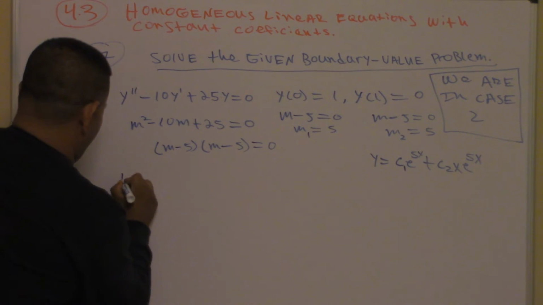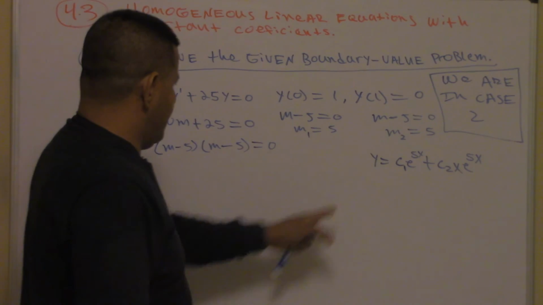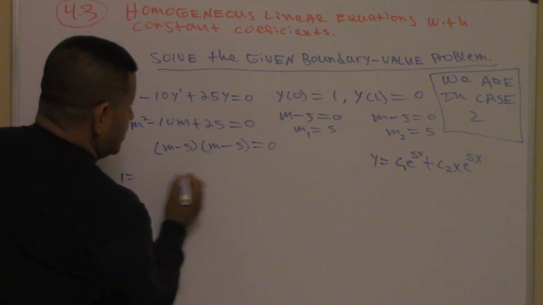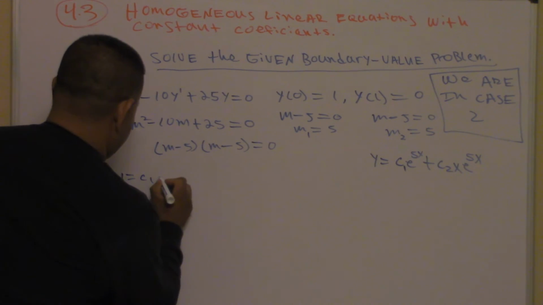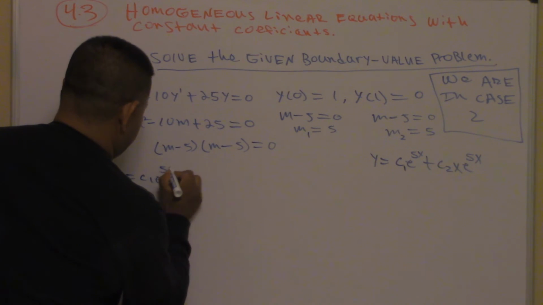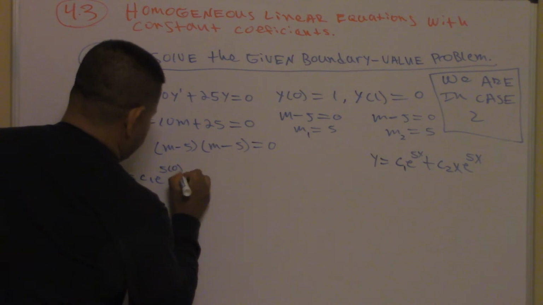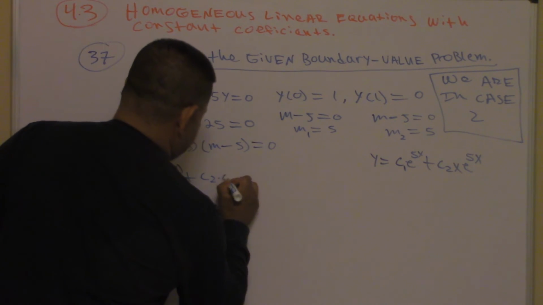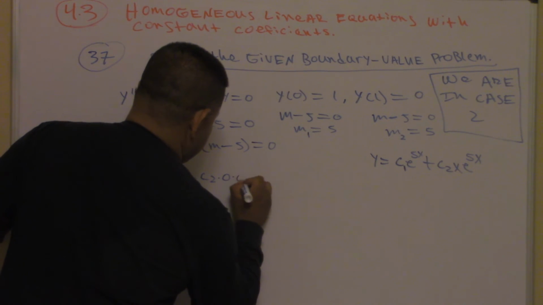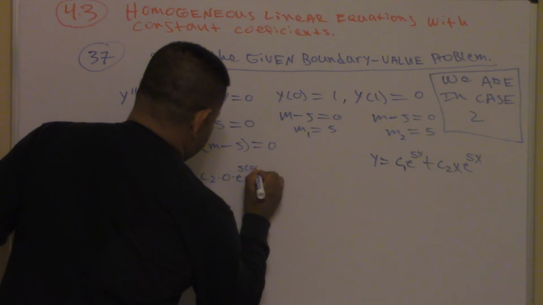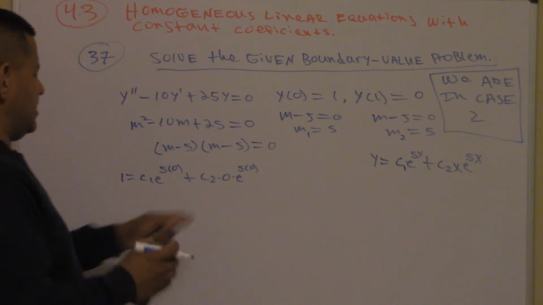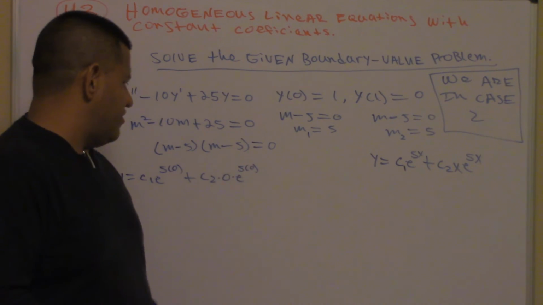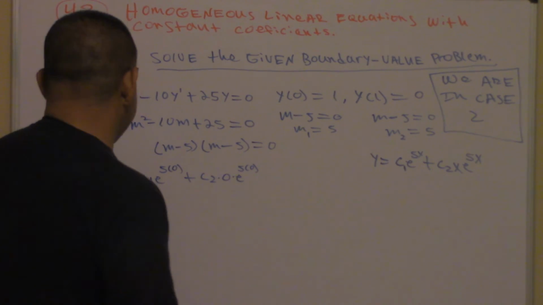So I am substituting 1 for y, and I'm going to say that C1 e to the 5 times 0 plus C2 times 0 times e to the 5 times 0, right?